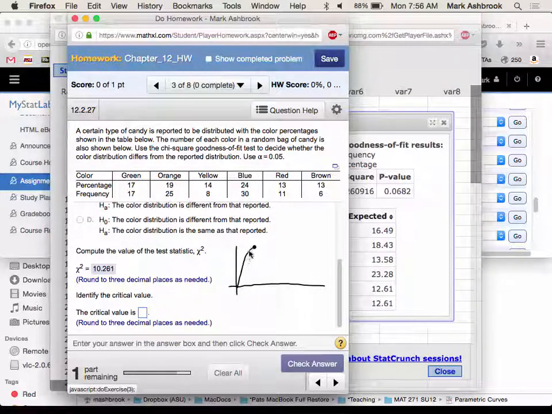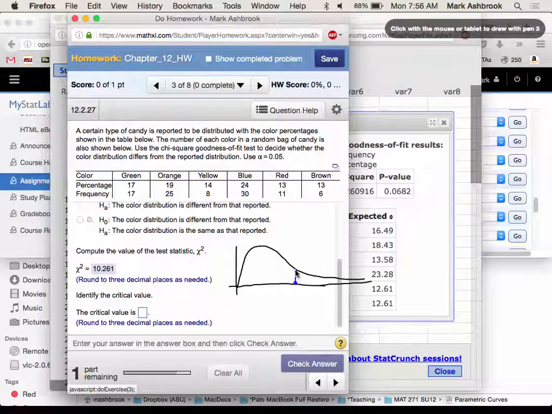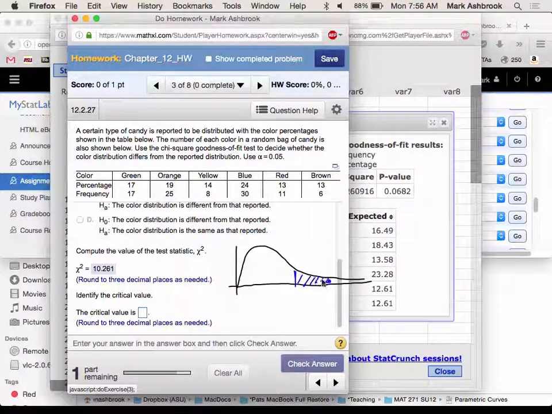No, chi-square is not two-tail. It looks like this, remember? It's the special right-skewed distribution. And so our chi-square was 10.26, and we want the critical value for alpha 0.05 with how many degrees of freedom? 1, 2, 3, 4, 5, 6. One less than the number of categories.